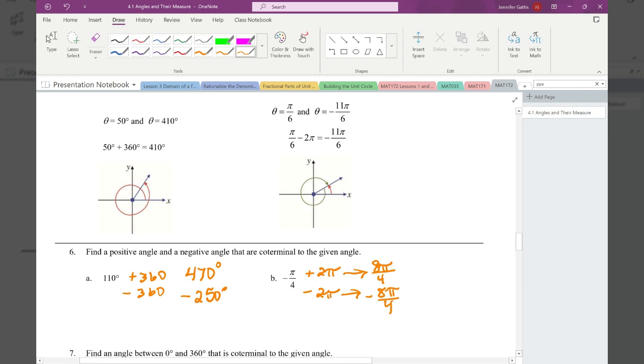And if we have negative pi over 4 plus 8 pi over 4, that's going to give us 7 pi over 4 for the positive. And if we subtract 8 pi over 4, that's going to give us negative 9 pi over 4 for the negative.